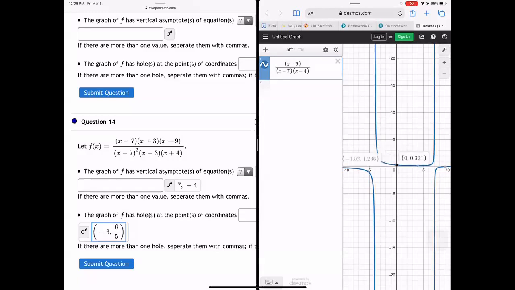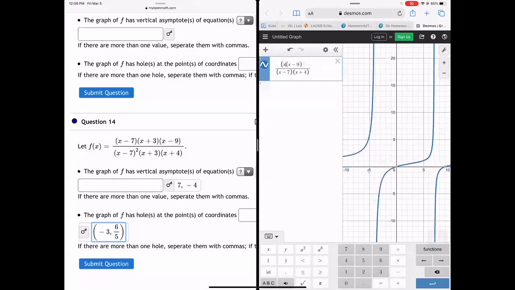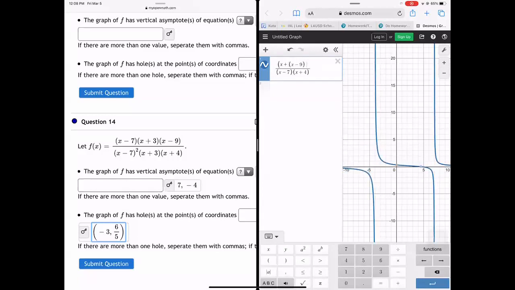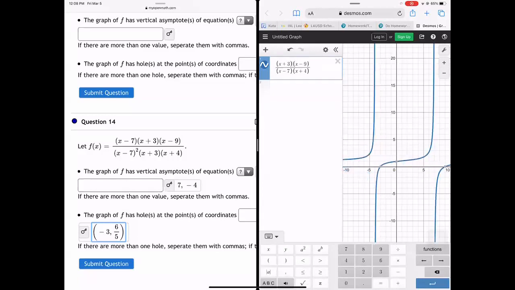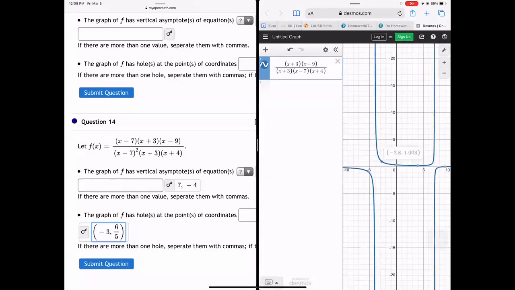Let's find the hole. What? Oh, right. Because our hole is at X plus 3. And now if we look at it again, the hole is undefined. That's where our hole is, right?